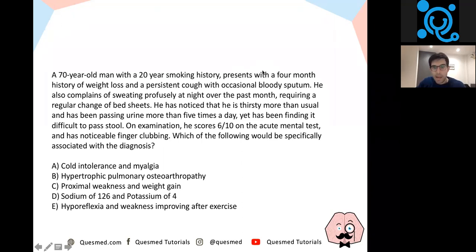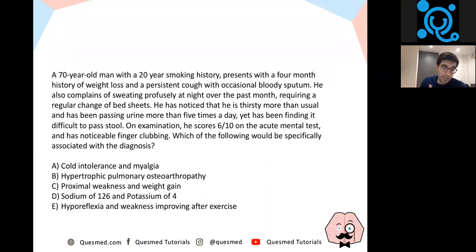And then with that in mind, you're thinking, okay, this is probably more likely to be something like a squamous cell carcinoma. So then I need to think about what is associated with squamous cell carcinoma, of which the first one, cold autonomous myalgia, is more likely to be patients who have thyroid issues secondary to small cell lung cancer.